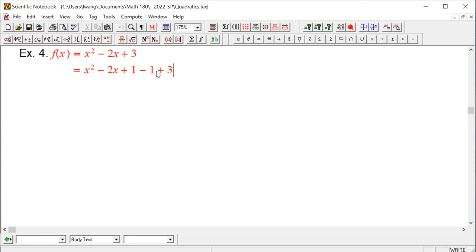So what I did here is I added a 0. We know that anything add 0 stays the same. I think this is principle number 2. But anyway, we add a 0, and this 0 is 1 minus 1. So this expression is still the same as the earlier expression.